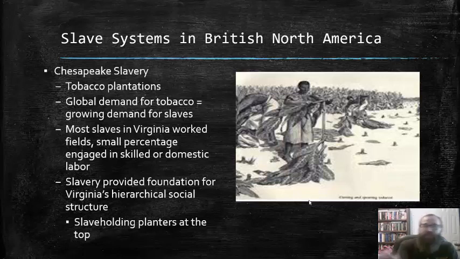However, a small percentage was engaged in skilled labor like blacksmithing or carpentry, things of that nature, or domestic labor, work in the household itself. Slavery in Virginia and Maryland provided the foundation for the hierarchical social structure, that pseudo-aristocracy of rich slaveholding planters that sat at the top of society and really pretty much ran everything as they saw fit.